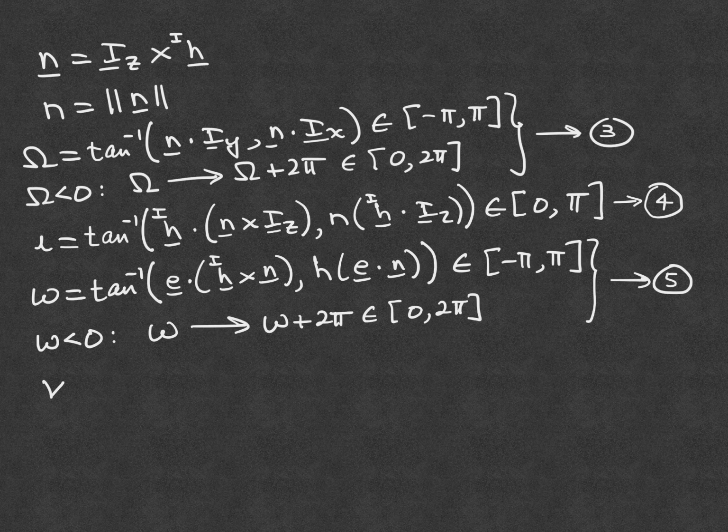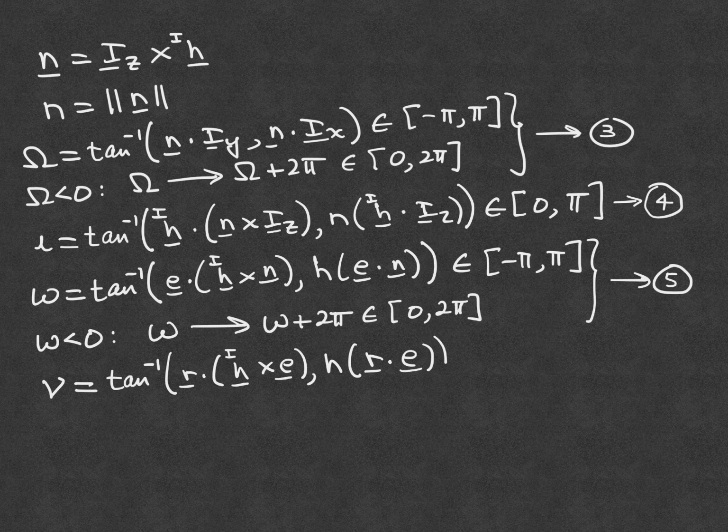The 6th orbital element is nu, which is the true anomaly, which is the four-quadrant inverse tangent of r dotted with hi crossed with e, and the magnitude of h times r dotted with e.